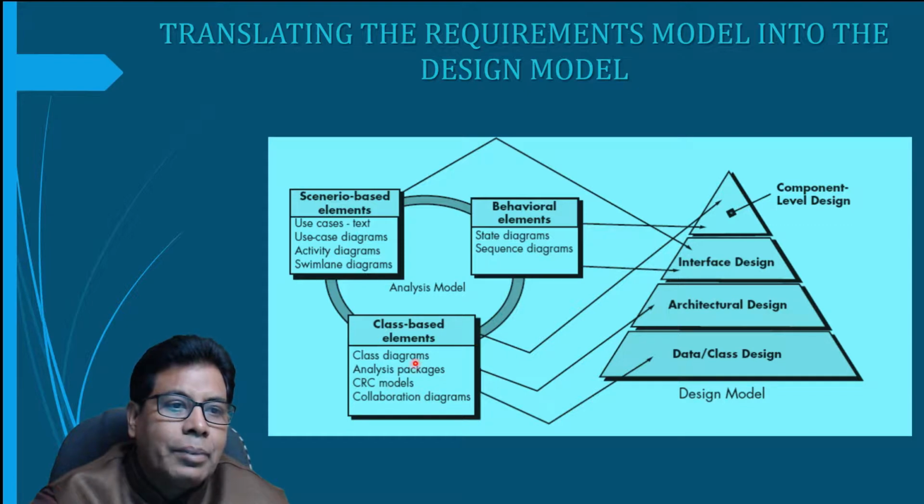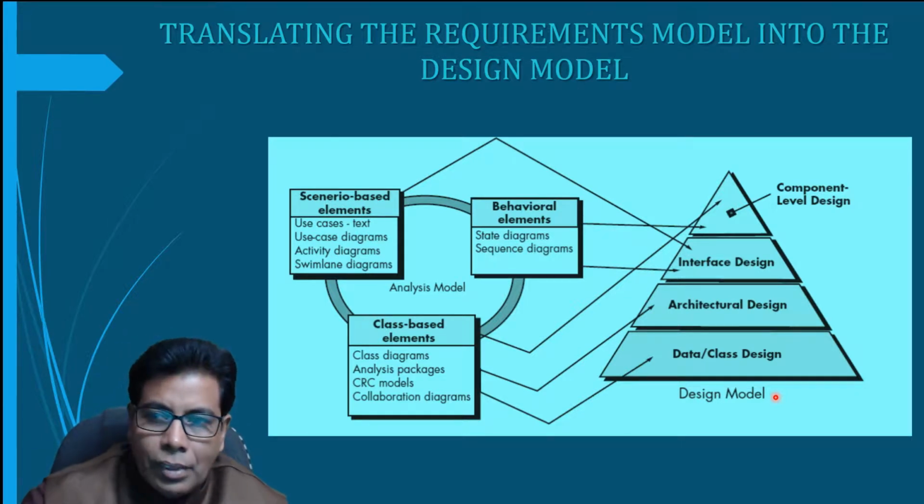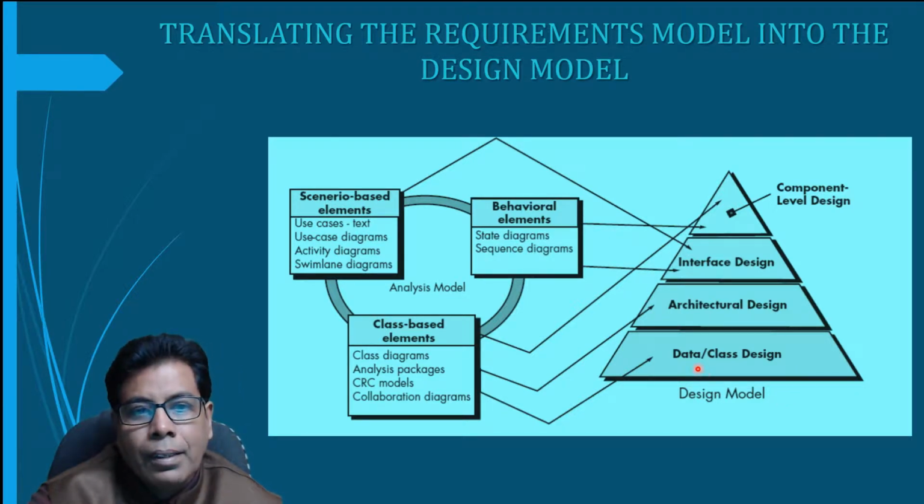All these methods, scenario based, behavioral, and class based elements, are feeding the input to the design model. These inputs are given to the design model, and here we have the data or class design, architectural design, interface design, and component level design.